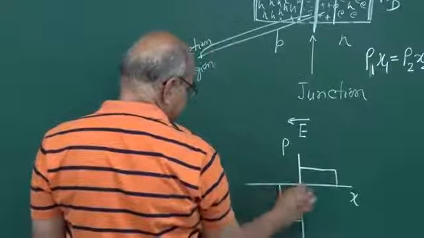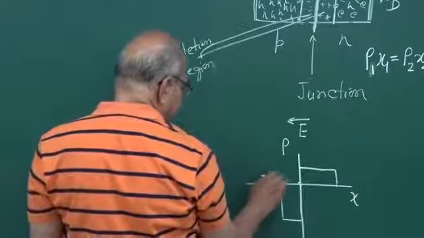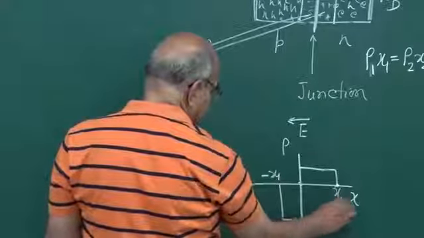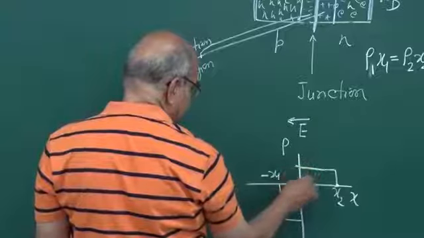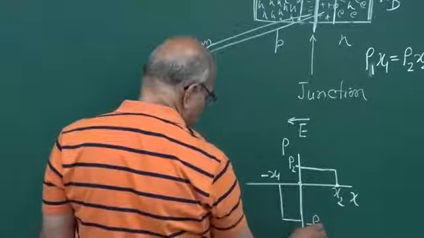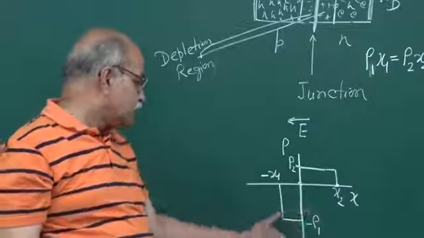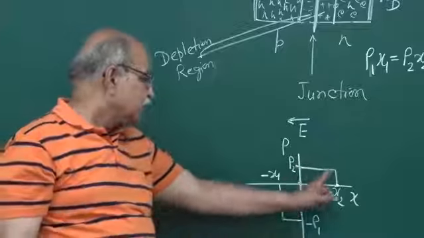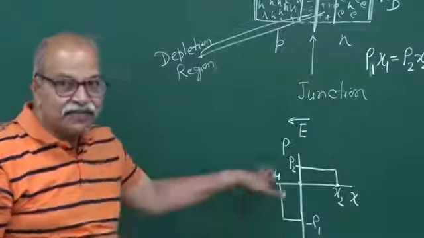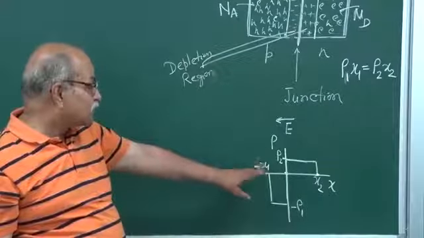If we call x equal to 0 here, this is x equal to minus x1, and this point is x equal to plus x2. This height here is rho 2 and this is minus rho 1. And this area rho 1 times x1 should be equal to this area rho 2 times x2. So this step function type is of course an approximation, but not a very bad approximation.